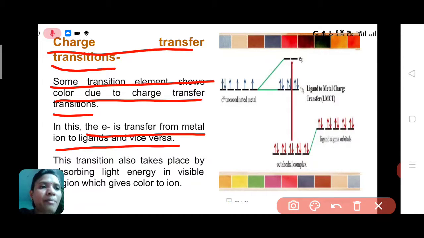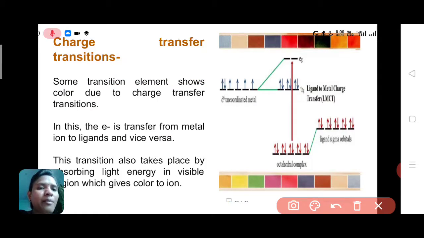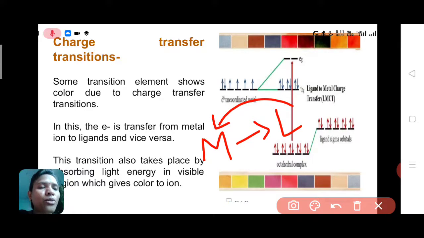Any complex compound is formed due to a bond between ligand and metal. Students, when any complex compound forms, there is a bonding between metal and ligands. Ligands are the electron donors. They donate electrons to the metal d orbital, and by donating this electron pair they form a coordinate bond, which is represented by this arrow.